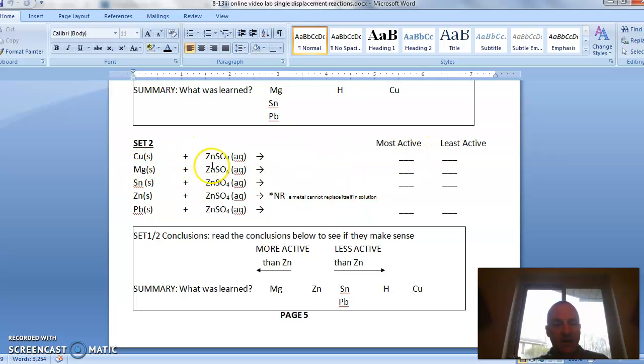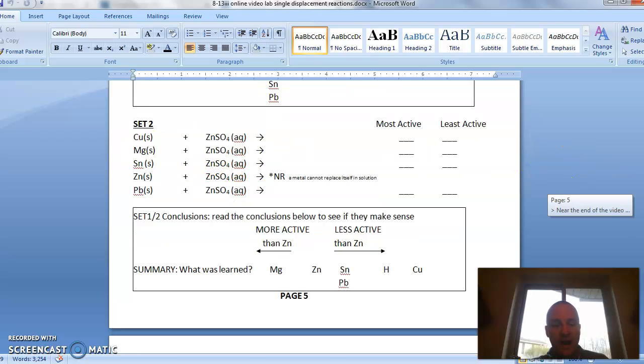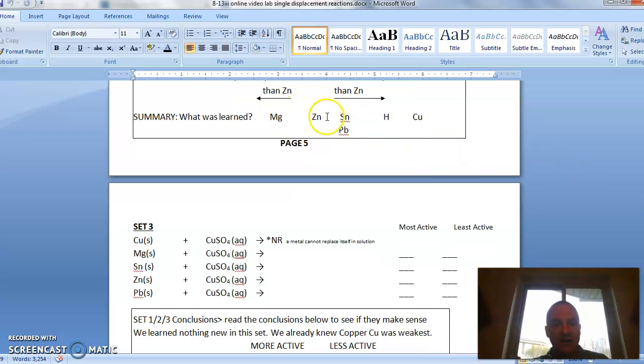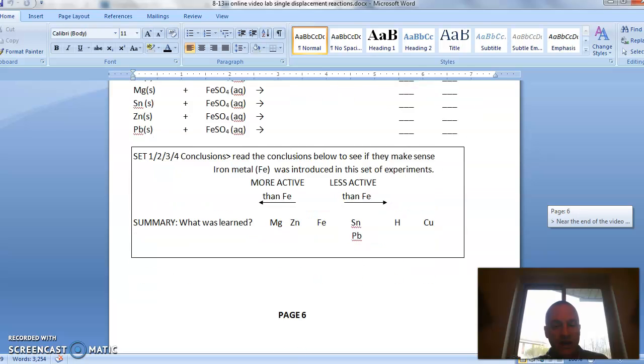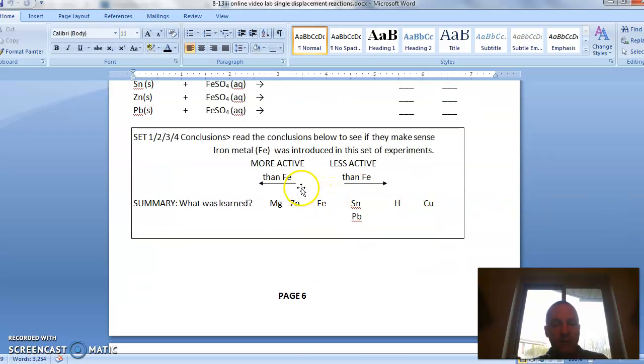If no reaction happens, then the metal that was in solution is more active than the metal that was reacted with the solution. Again, these conclusions are already made for you. And that is how we'll do the activity series for you. The big thing is to see if you understand how they were able to interpret the conclusions that were made.